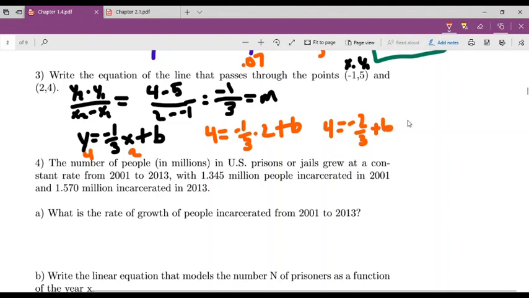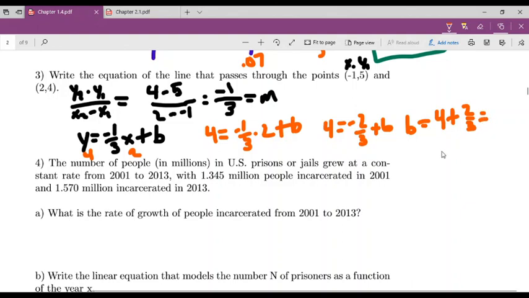And add that 2/3 to the other side, so that what we get is b equals 4 plus 2/3. Now, you're not going to want to leave b as 4 plus 2/3. You're going to want to convert it.